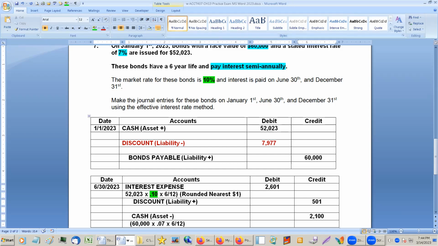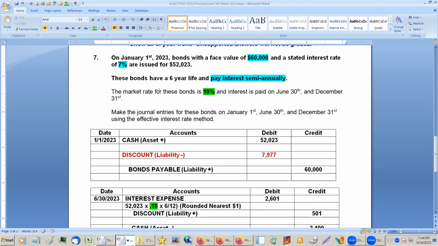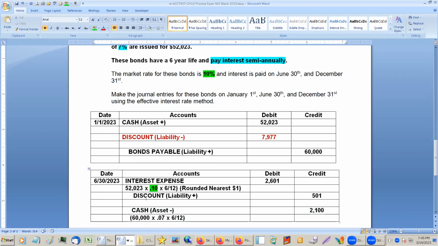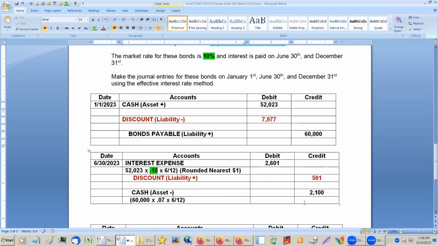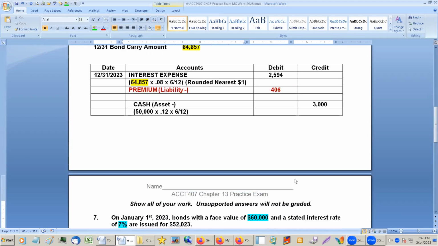Seems high. Oh, these are short life. Okay. All right. So this discount is just going to keep going down until it's 0, and what'll be left is a balance payable at 60,000. So we owe 501 more now. Yeah.